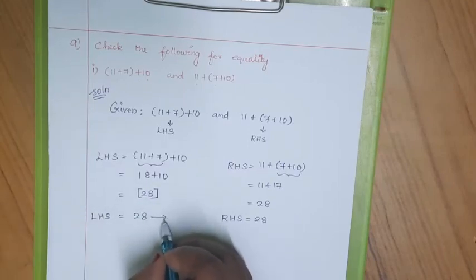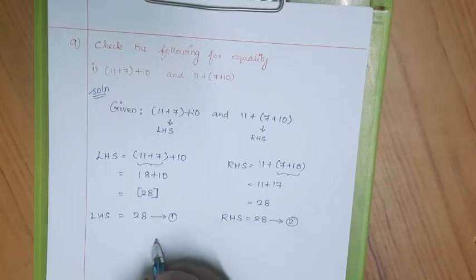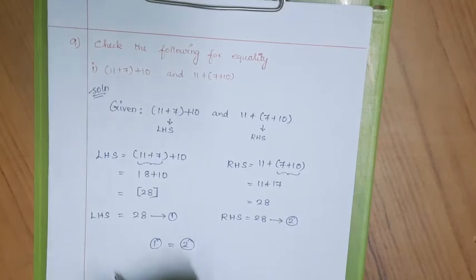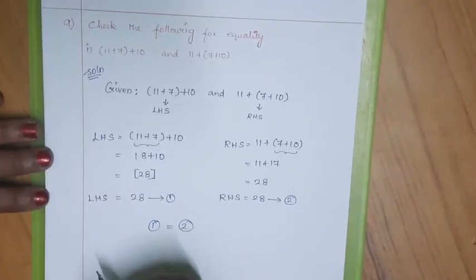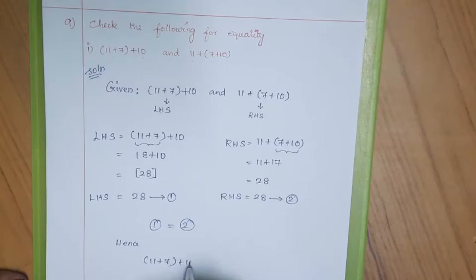Left hand side is also 28. Comparing equations 1 and 2, both the numbers are equal. So we can say that the given terms 11 plus 7 plus 10 is equal to 11 plus 7 plus 10.